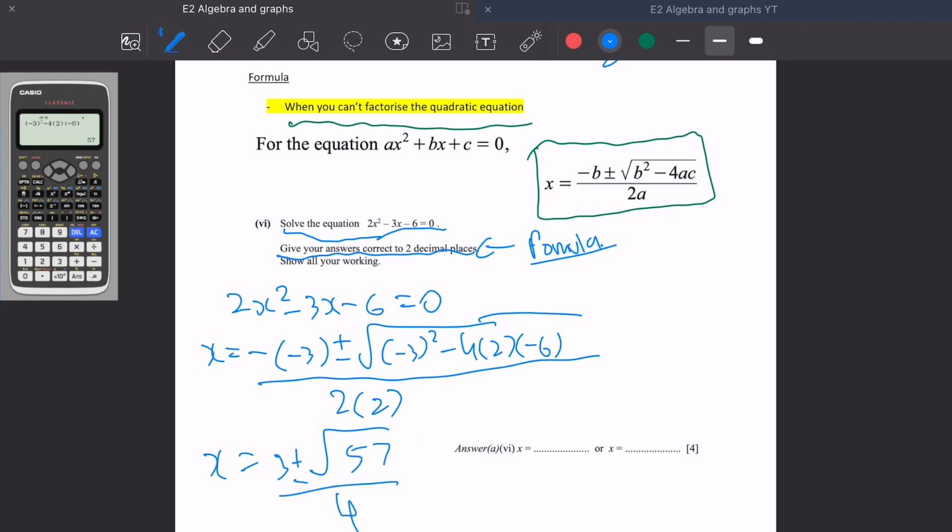So the two solutions are 2.64 and minus 1.14.